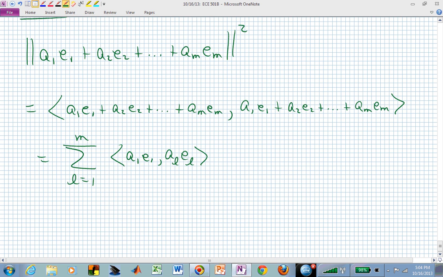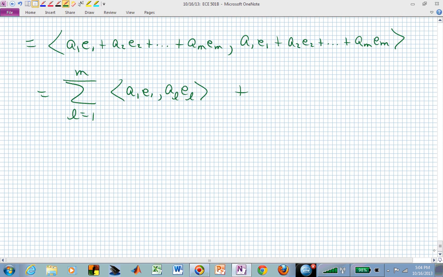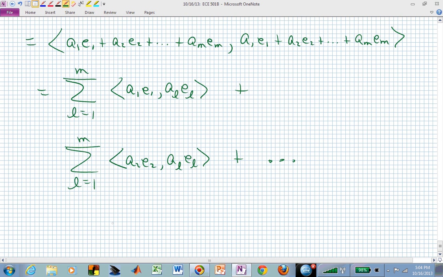And now I have to do that for each of the pieces in the first slot, meaning I now have to add to that the second piece, which is this sum from L equal 1 to m of A sub 2 E sub 2 with A sub L E sub L. And I just keep going until I run out of m's or L's.